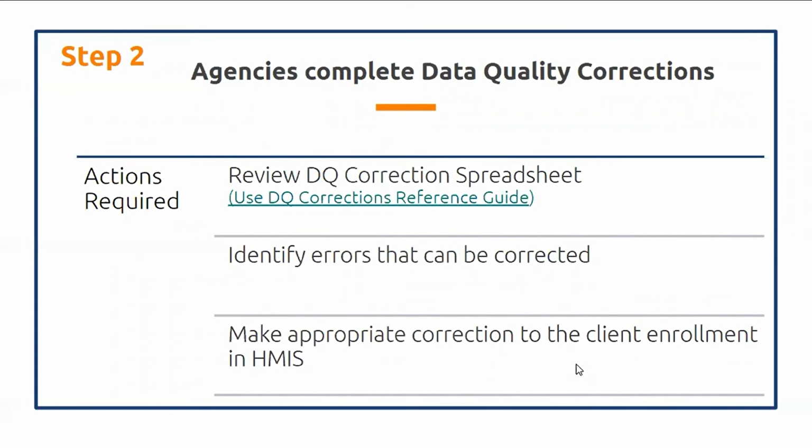Things highlighted in purple are accuracy issues, and in that sense, they constitute incoherences in the data. So they absolutely should be corrected, specifically if there are severe errors like head of household or disabling condition. And finally, the last step is to make the appropriate corrections in the client's enrollment in HMIS.